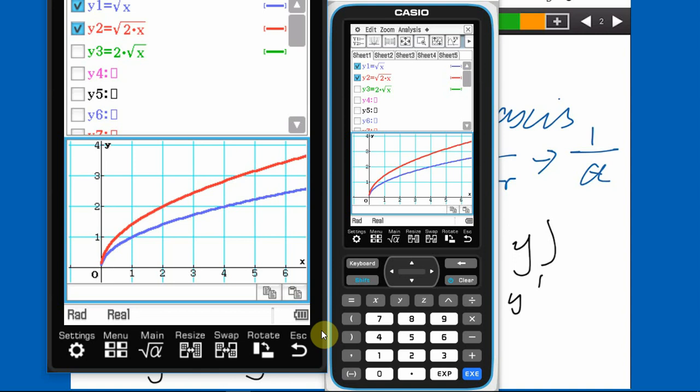You need to be careful with that one. Dilation from the y-axis is always one that gets people confused. We'll get to a question in a minute where I'll do an example with a dilation from the y-axis, and we'll look at how we go about it.